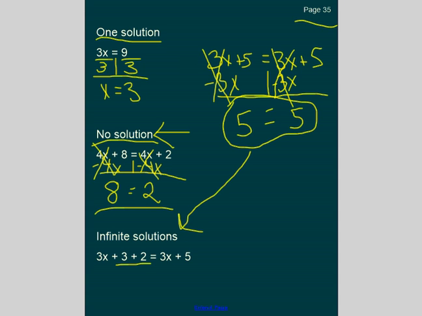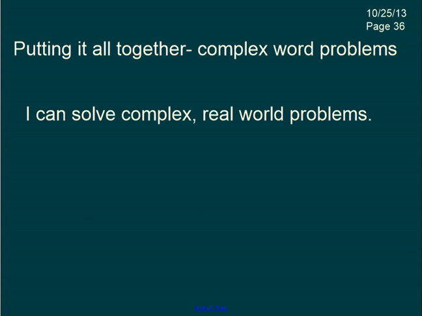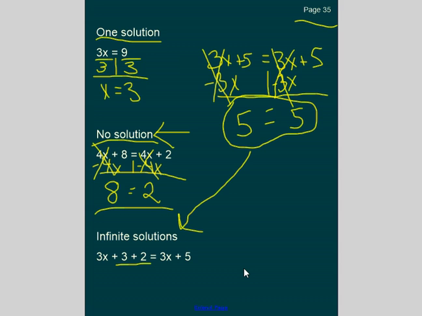All right, so I think we're ready for a reflection, which I apparently forgot to add to this. So let me add a reflection question for you. For your reflection, I want to see if you can find out if this equation has one solution, no solution, or many solutions, and then explain why in Edmodo.